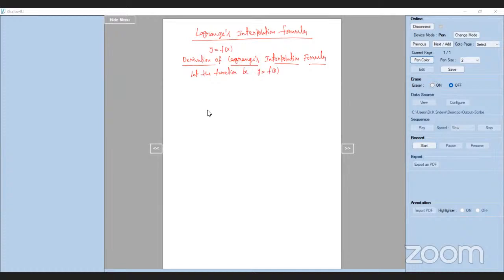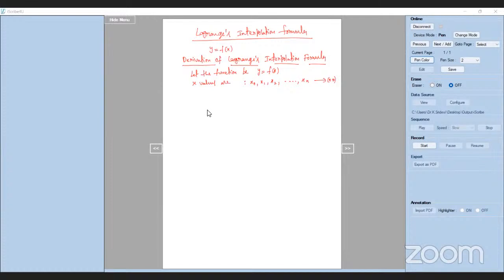You know that x is an independent variable, y is a dependent variable, and x values are given like x0, x1, x2, and so on, xn. So there are n plus 1 x values, x0, x1, x2, and so on, xn.